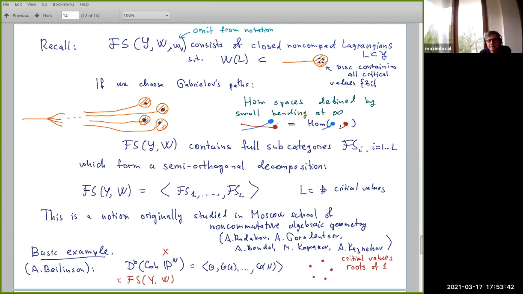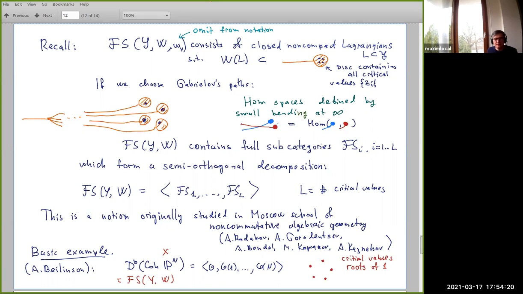When you have these Lagrangians which project to some domain and the path, and you are interested in the Hom space, you just bend the path a little bit. If you consider Hom from the blue one to the red one, you bend the blue one a little bit in the clockwise direction, and if this blue thing sits below the red one, you get zero intersection. So you get no Homs if things sit in the right way.